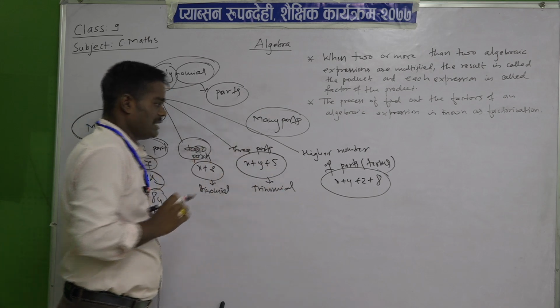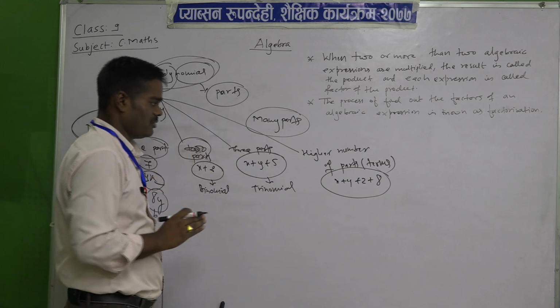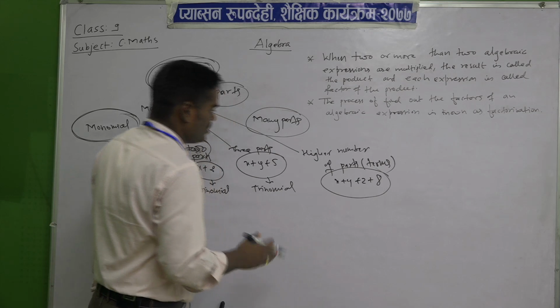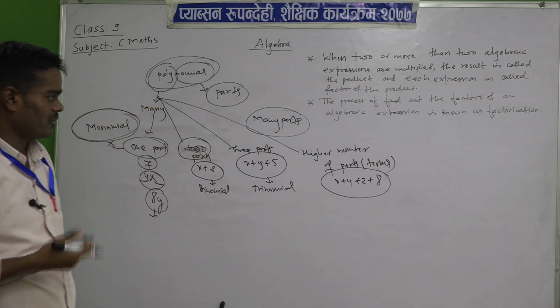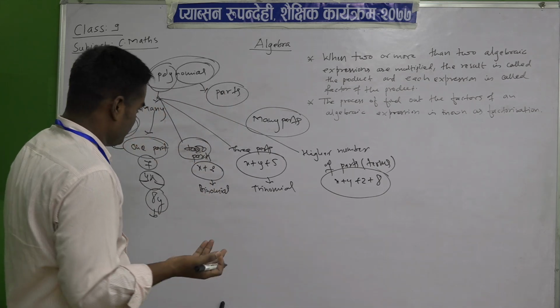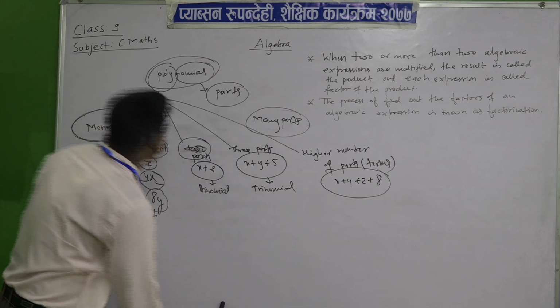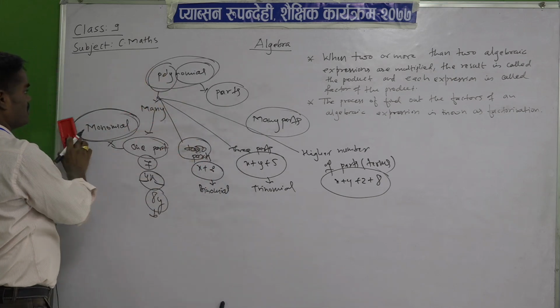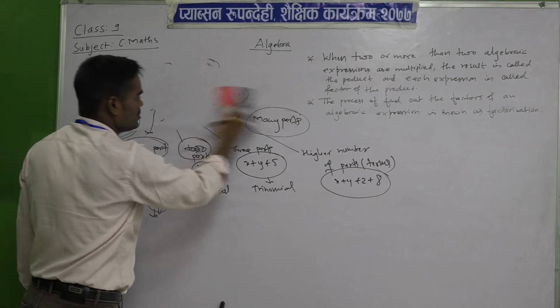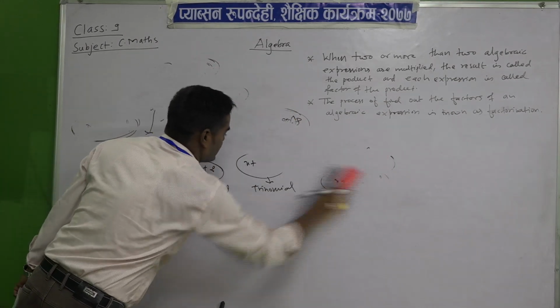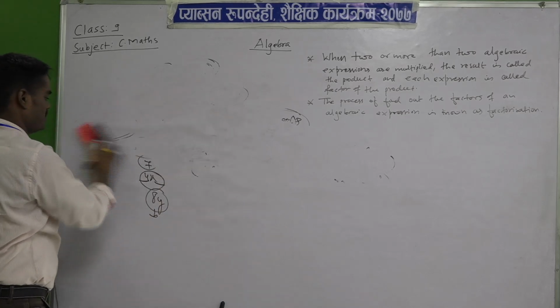If there are 3 terms, it is a trinomial. If more than that, it is a polynomial, or you can say biquadratic or tetranomial. So I think it is very clear about polynomials, my dear students. Nothing more, you just have to know what a polynomial is.